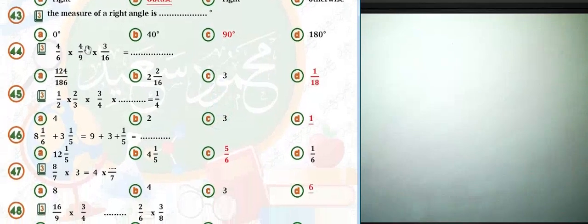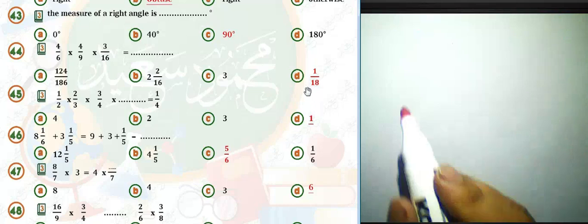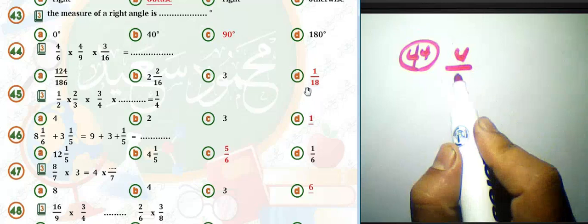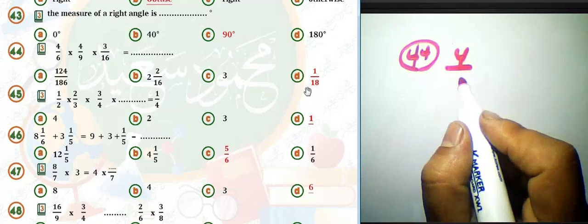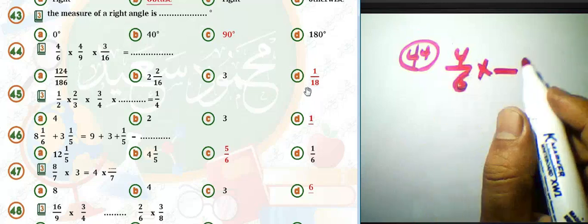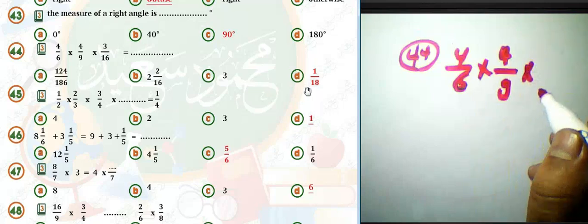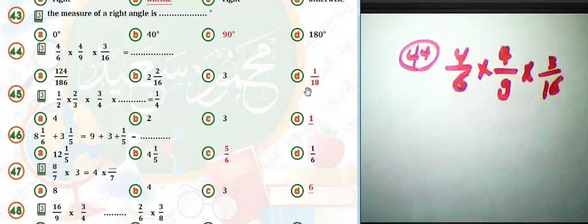4 over 6 multiply 4 over 9 multiply 3 over 16 equal what? The result will be 1 over 18. How? Look here, question 44. 4 over 6 multiply 4 over 9 multiply 3 over 16.